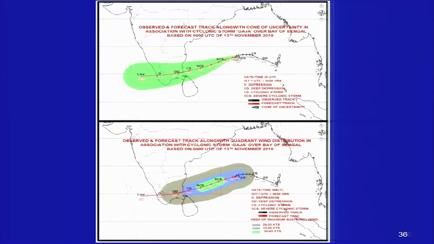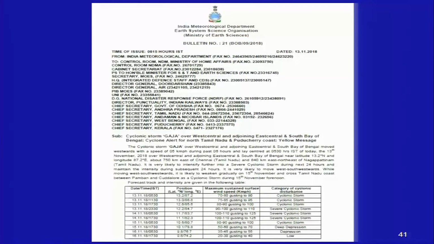So this data shows how the cyclone developed and strengthened, and in which portion during its journey it became very severe. Okay, so severe cyclonic storm, which has been shown here. So this is a warning, or the bulletin, which was issued by the Indian Meteorological Department or System Sciences Organization, Ministry of Earth Sciences, which talks about the location, that is the time and date and the location.